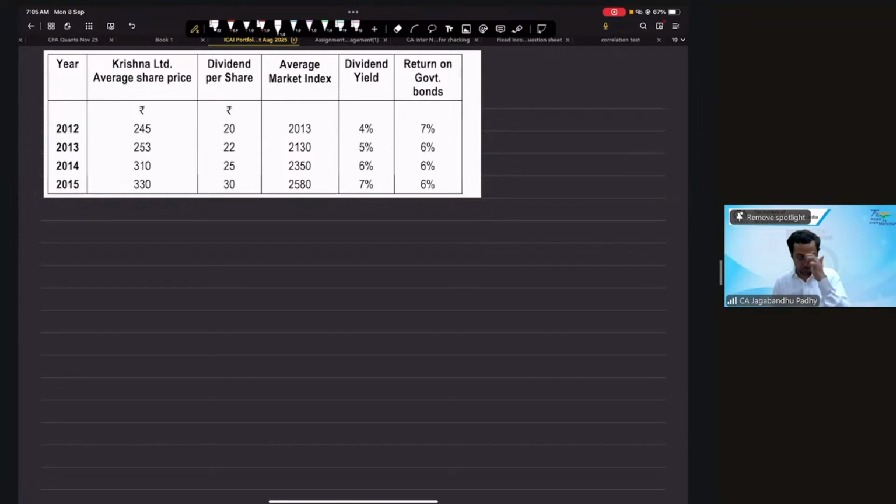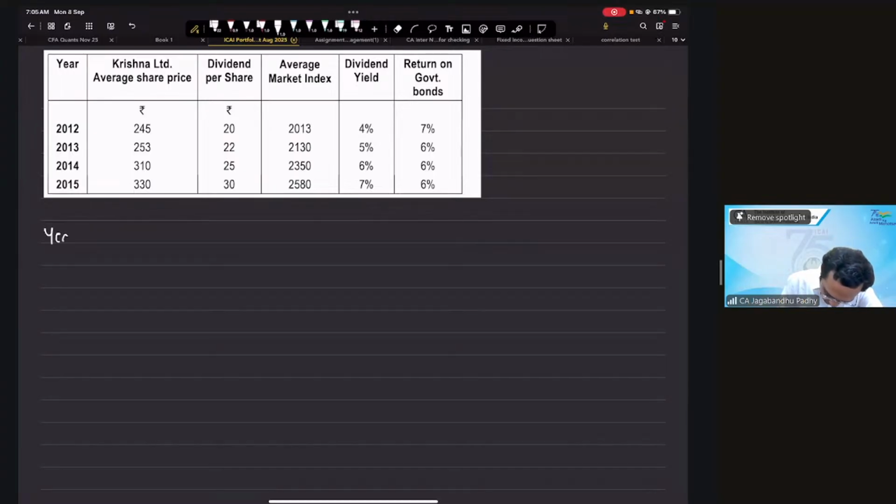Here we have these numbers: the prices and dividend, the average market index, the dividend yield, and also the risk-free rate. We have to compute the beta. To compute beta, we will need the rate of return from Krishna Limited.